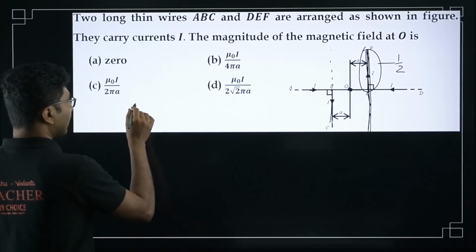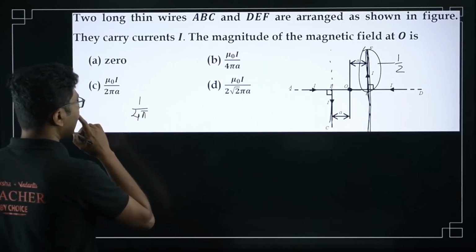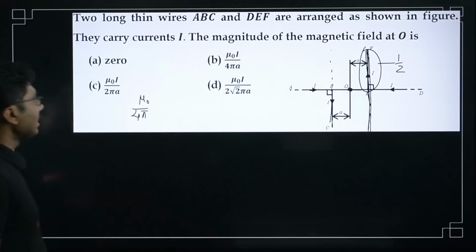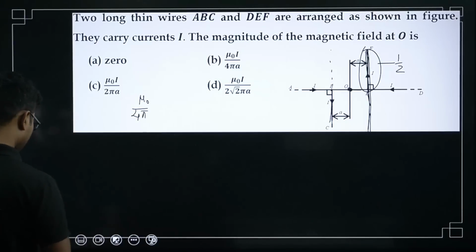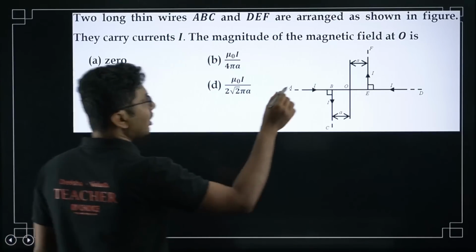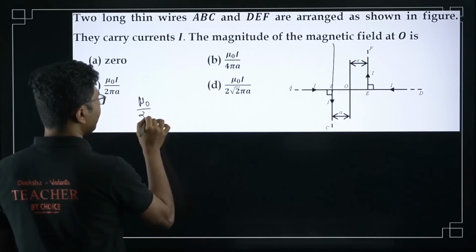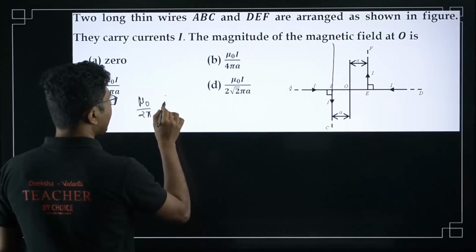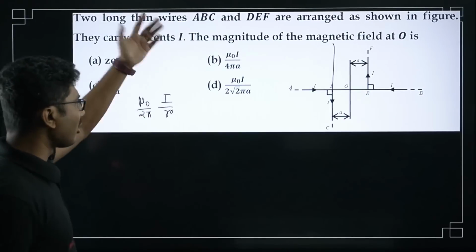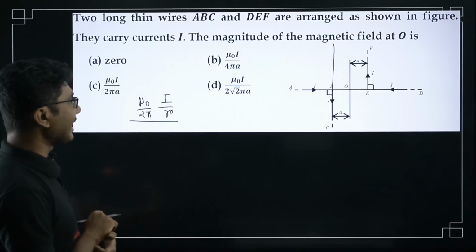The magnetic field due to a long infinite wire is given by mu naught I by 2 pi R. This is the formula for a long infinite current carrying wire.